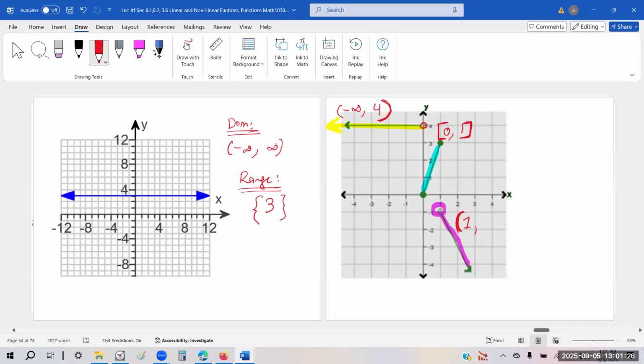And then this journey goes on forever and ever. So what's the largest x value we have? Positive infinity. And infinity always gets parentheses. So it has 3 portions of its journey, and now let's look at them together.